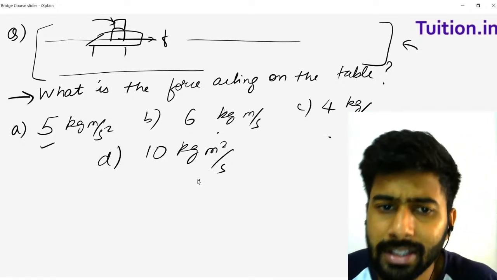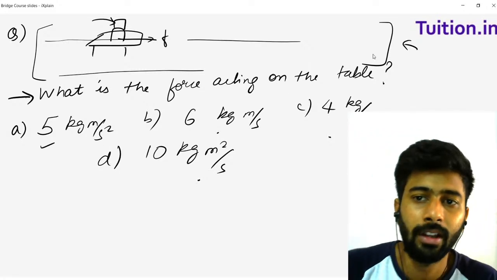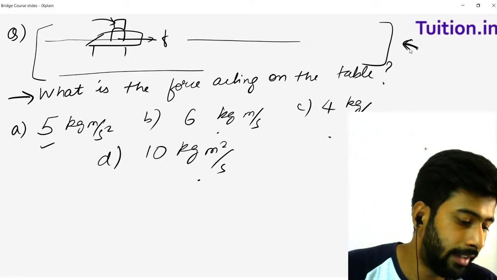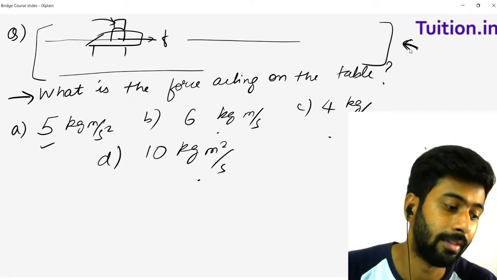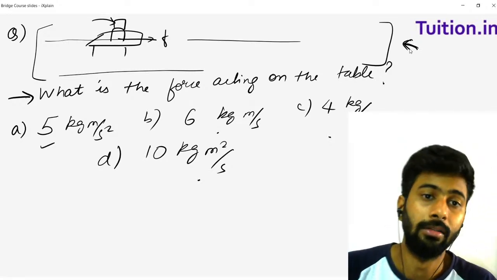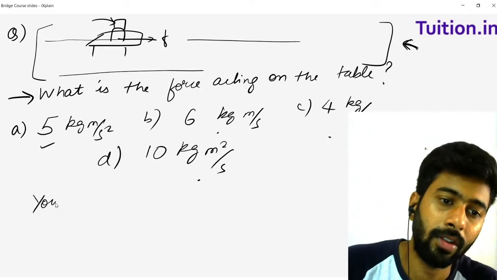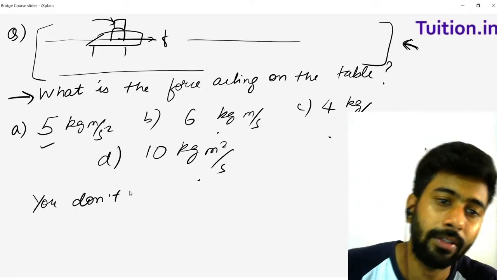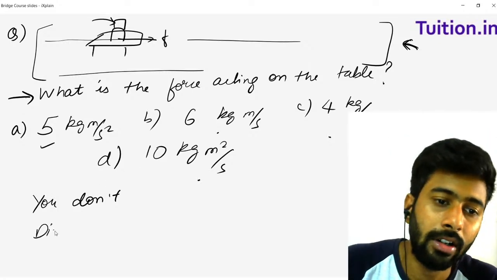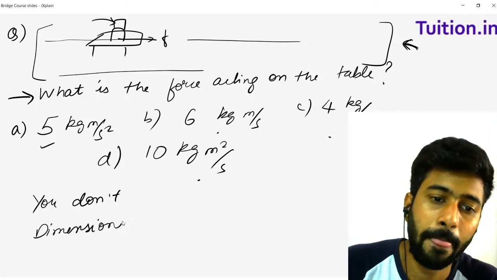Now, whenever options like this appear, do I even need to look at the question? That is my question to you. The answer is you don't. So this is a shortcut. This is a shortcut known as dimensional analysis.